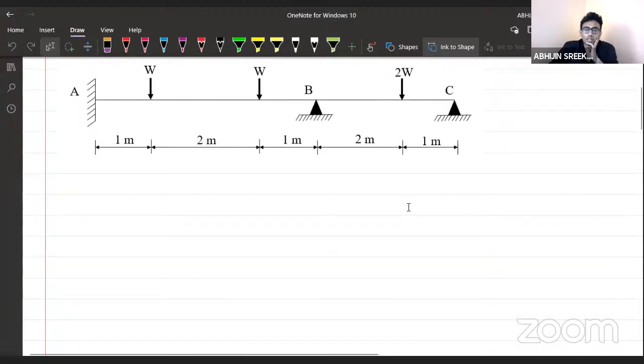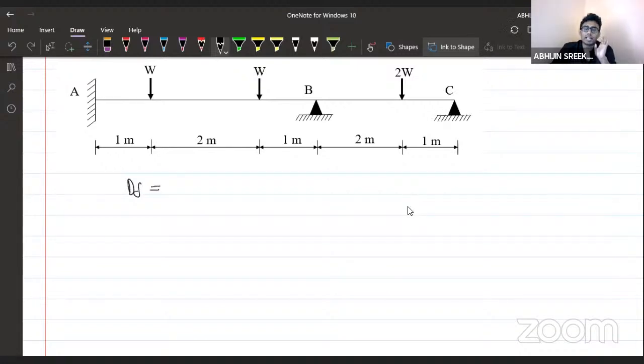In order to calculate the collapse load, first of all, there are some prerequisites. We need to calculate the degree of static indeterminacy. I will tell you why. We have already discussed how to calculate the degree of static indeterminacy in the GATE syllabus session of structural analysis, how to calculate the DS of the beam. When you are having a beam, think about the loading conditions.